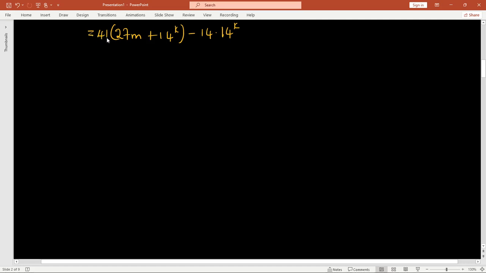Then we multiply this 41 by everything inside the brackets. We have 41 multiplied by 27m plus 41 multiplied by 14 to the power k. We can't simplify 41 multiplied by 14 to the power k, because this has a power of a variable and we don't know what the value of that variable is. Then minus 14 multiplied by 14 to the power k.